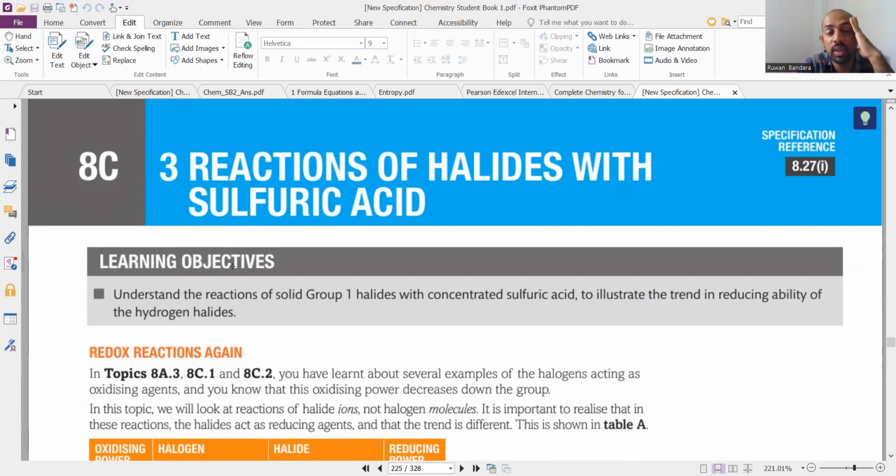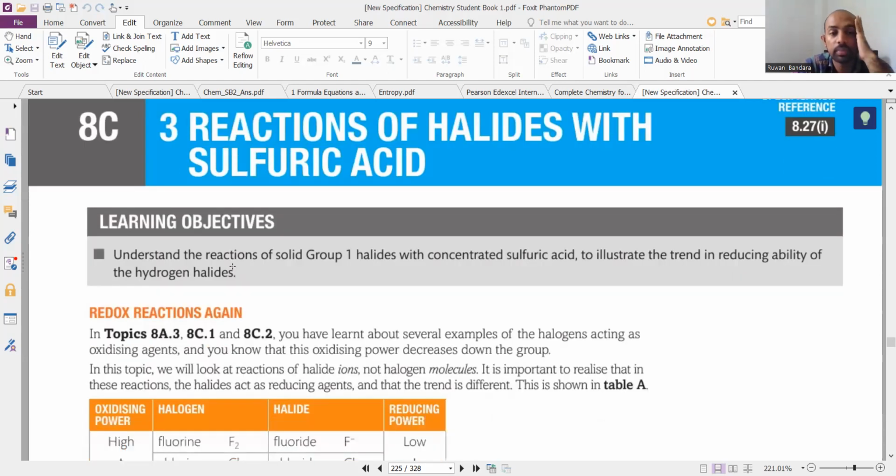Up to now we have discussed the reactions of halogens, Cl2, Br2, I2. Now we are discussing halides. Topic: reactions of halides with sulfuric acid.